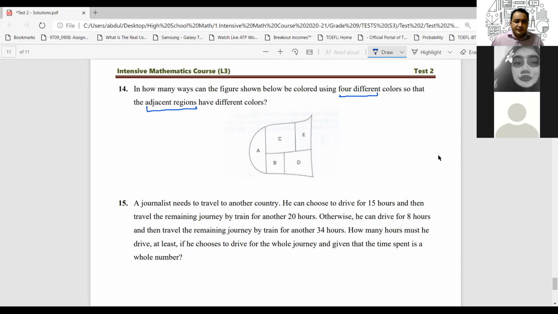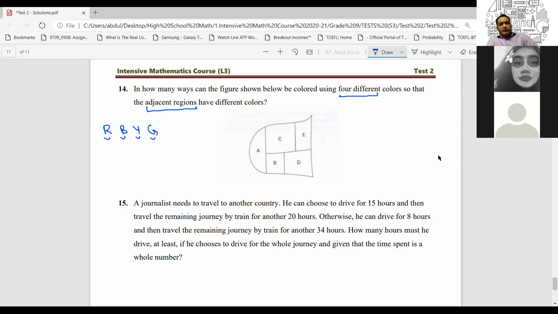Okay, guys, let's continue. So here we have 4 different colors. Let me just write them here instead of the general case. Let's say there are red, blue, yellow, and green.